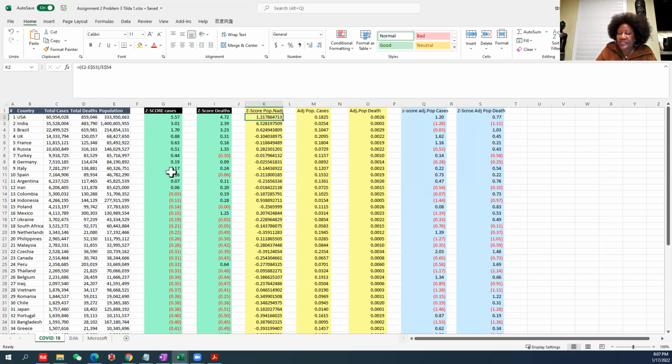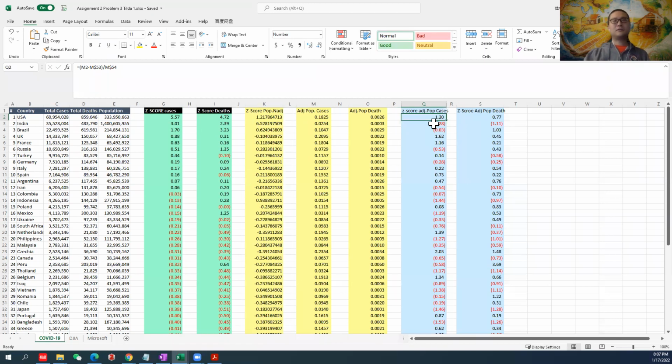They're not the same. Which of the z-scores are you comparing? I'm comparing column G and column Q. Yes, those are different because they are calculated either not adjusted or adjusted.